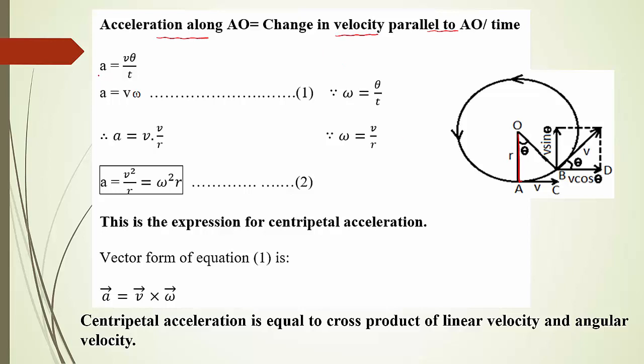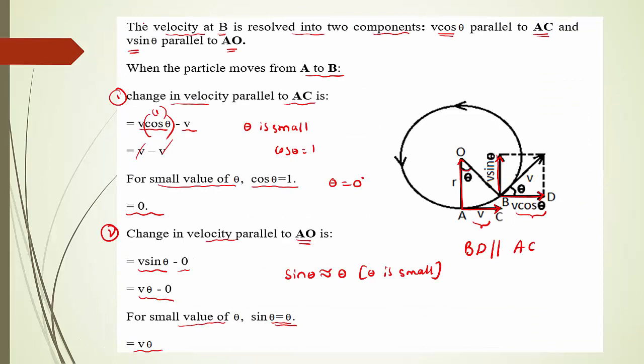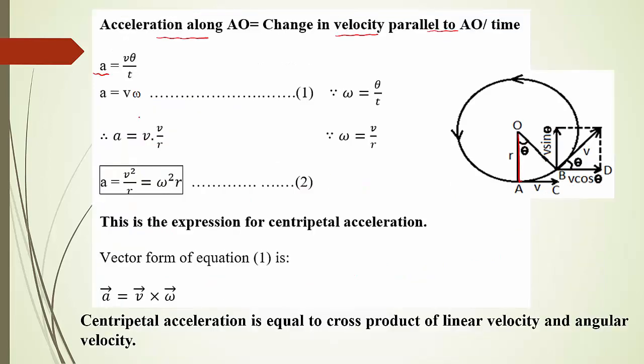Acceleration is denoted by a, equal to, in place of the change in velocity parallel to AO, we take equation 2 and substitute here, v theta divided by t.